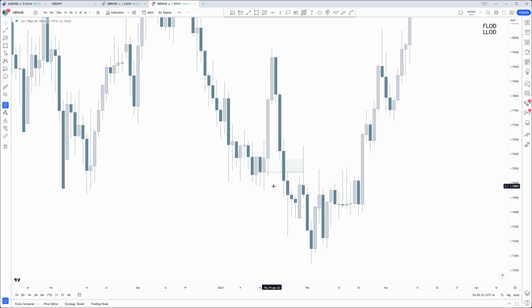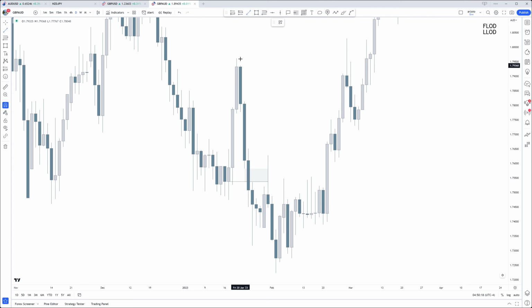And then the last line of defense is what? That high. When we have a retracement, and we can see the retracement is happening right there, one of those PD arrays should hold. So right there, we have a first line of defense and the last line of defense. And that is very important for you to understand.